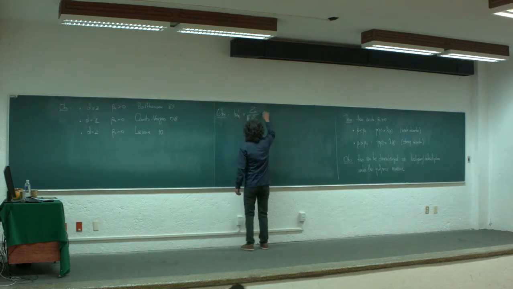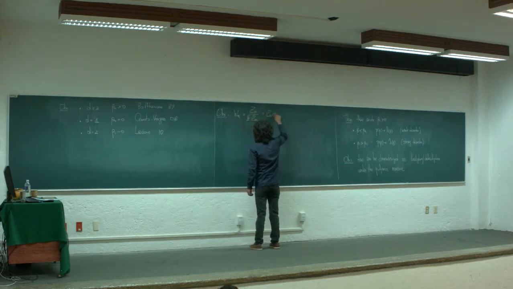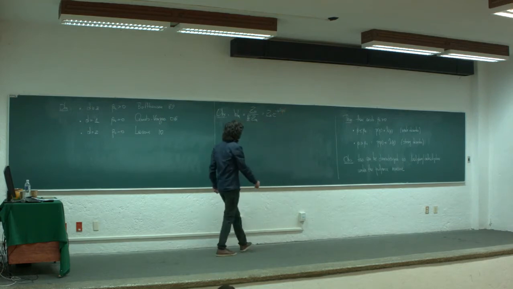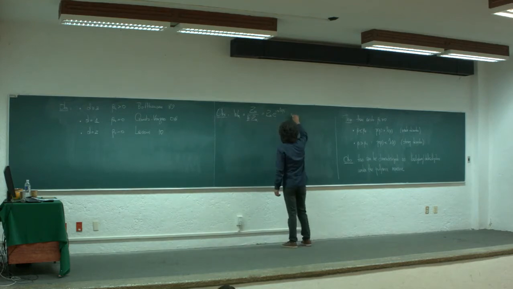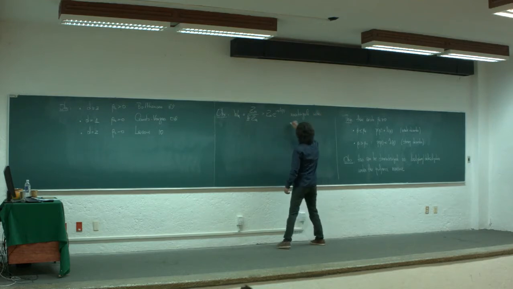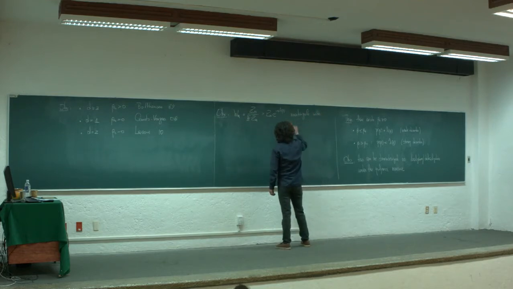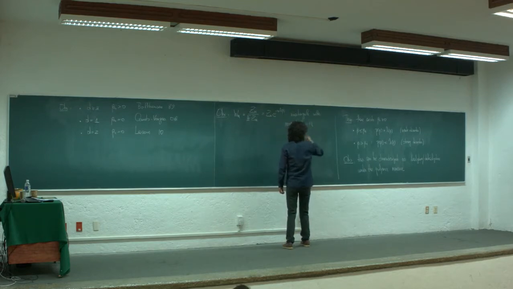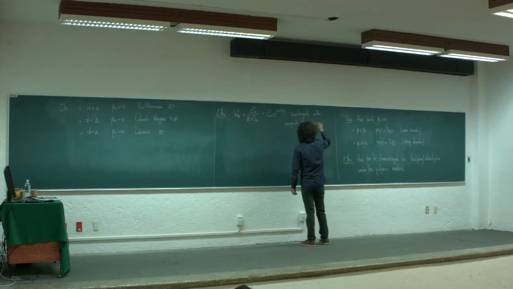So this is nothing else but the partition function times exponential of minus n times the annealed free energy. So it's easy to see that this is a martingale with respect to the filtration F_n, which is just the filtration generated by the environment for times up to n.